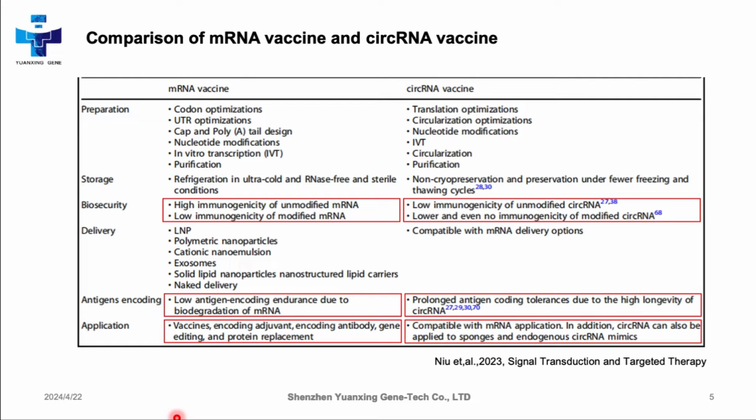And the circRNA has the prolonged antigen coding tolerance due to the high longevity of the circRNA. In terms of the application, in addition to being used in the vaccines, encoding the adjuvant antibody and the protein replacement like mRNA, the circRNA can also be applied to sponges and the endogenous circRNA mimics.